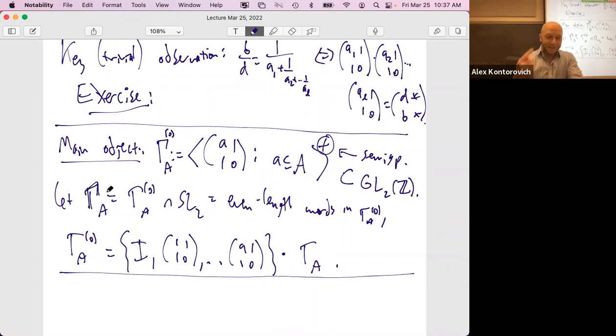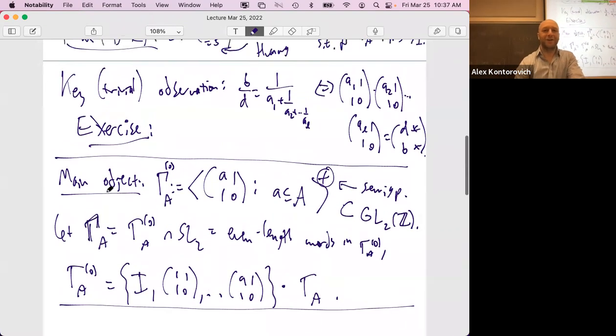In fact, you gain something, because if you recall, this expansion is not quite unique for a fraction, for a rational number. The continued fraction expansion is not quite unique, because you can replace the last partial quotient AL by AL minus 1 plus 1 over 1.